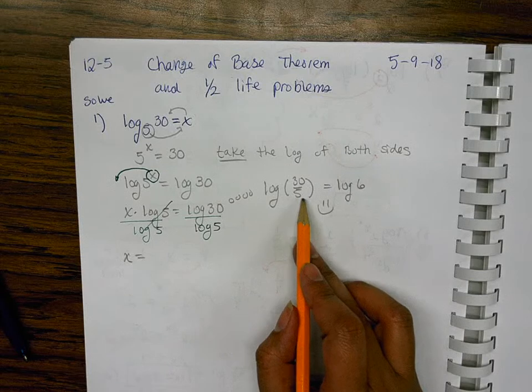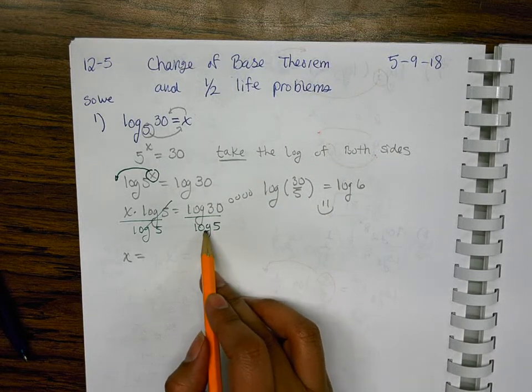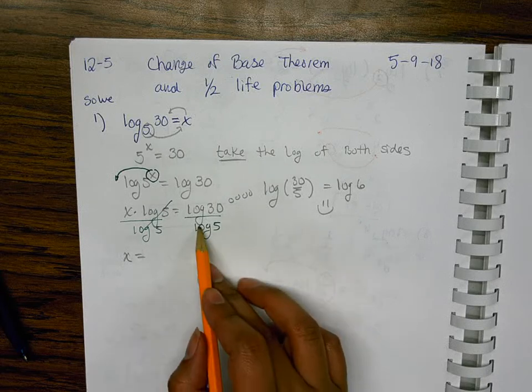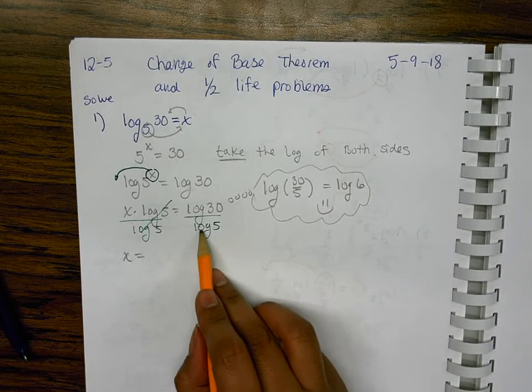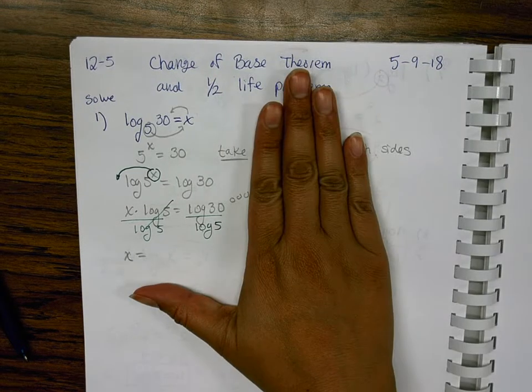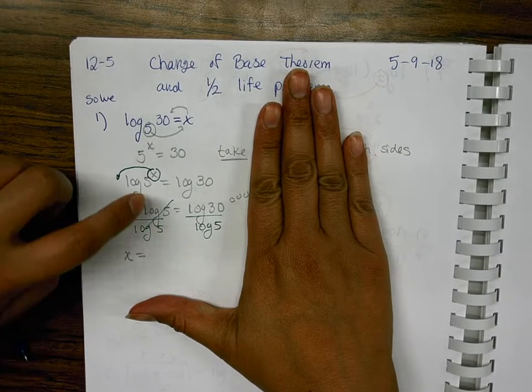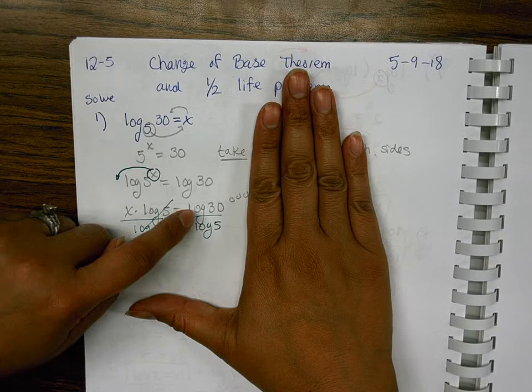Do you see the difference between these two? I've talked about it before, this is log of a fraction, which I can reduce, or this is a fraction with logs, which I cannot reduce. Two different things. Okay, understand that and recognize cannot reduce, over here you can reduce, which is a completely different problem.